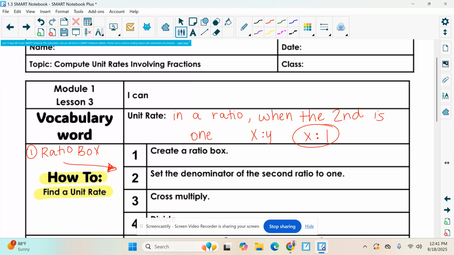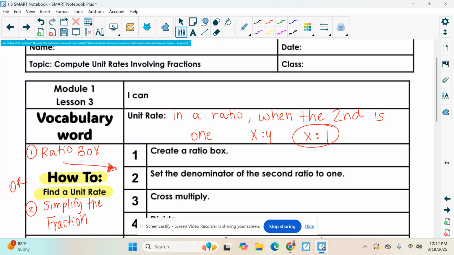What did we say the second way is? Ratio box or, KK, what were you going to say? Simplify the fraction. You got 2 options to pick from.